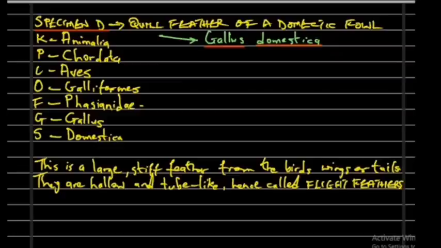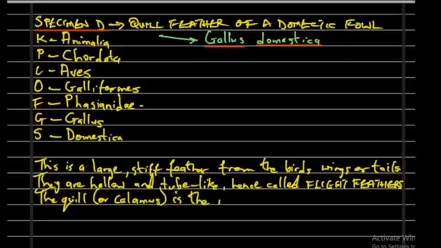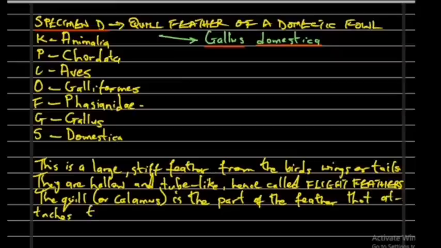The quill, or the calamus, which I will show shortly, is the part of the feather that attaches to the bird's skin.